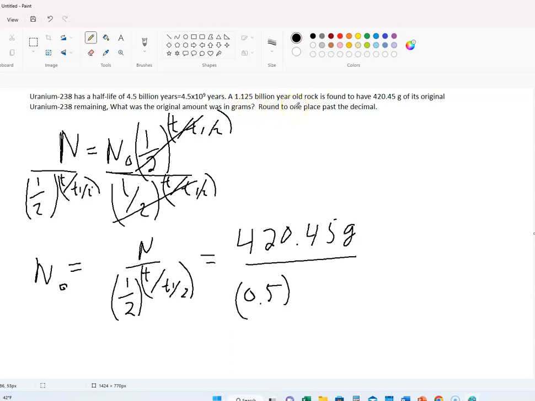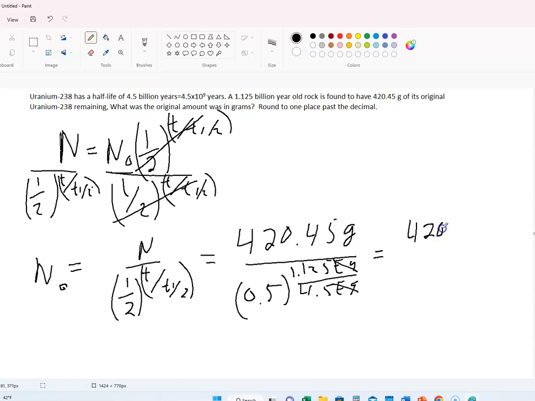It's going to be 1.125, and for the billion, I'll just put e to the 9th, divided by 4.5 e to the 9th. And what's nice is the e to the 9th simply cancels, so it becomes much simpler. You can put the times 10 to the 9th; they'll just cancel.